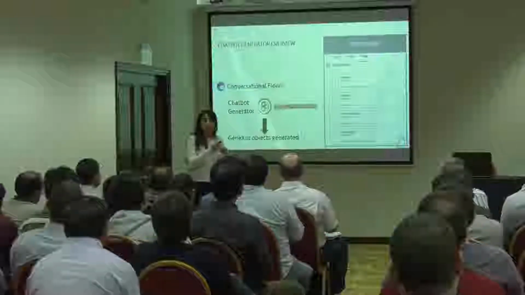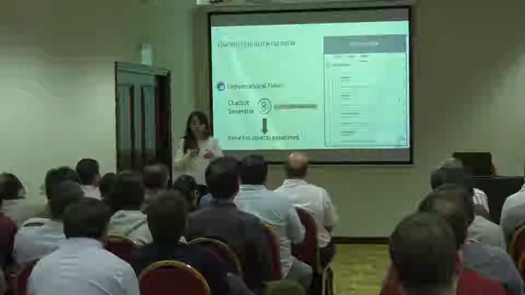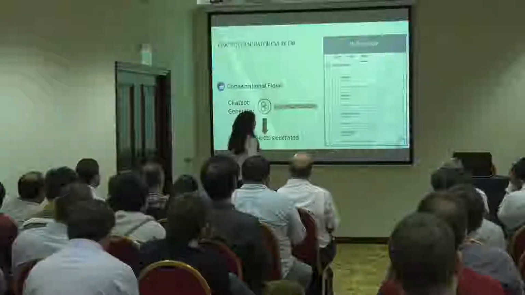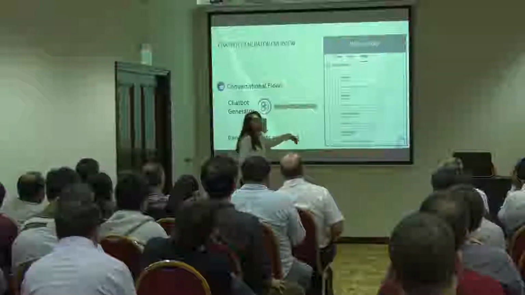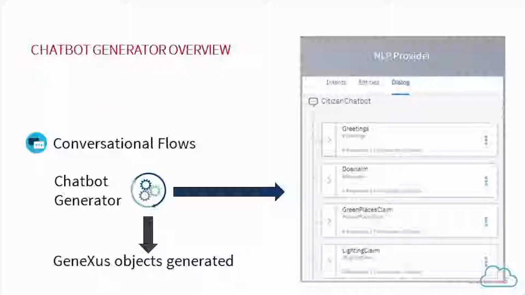So, as I was saying, what is going to be generated is, on the side of GeneXus, the objects that are necessary for the dialogue with the chatbot, and on the side of the provider, as you see, a dialogue. This is captured from Watson Assistants, but it can be supported by others too.